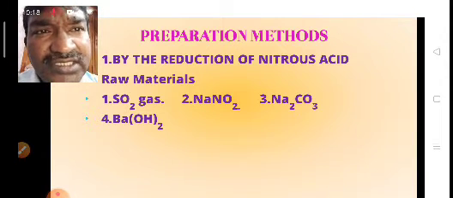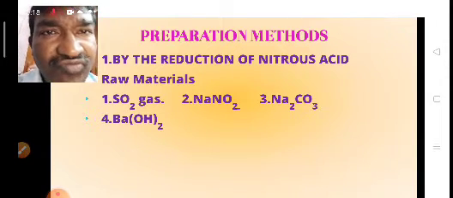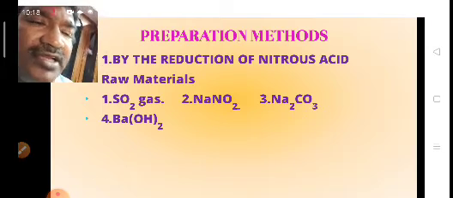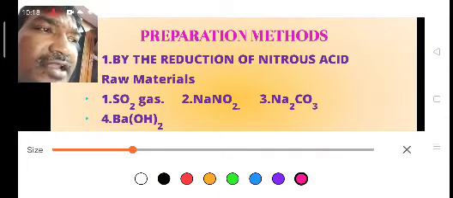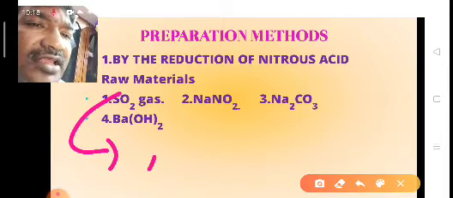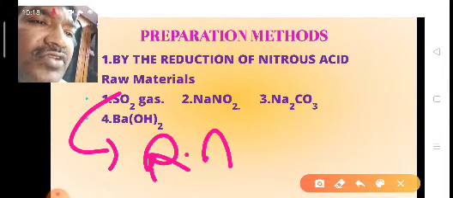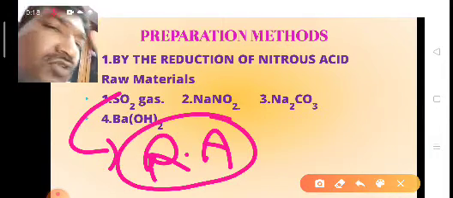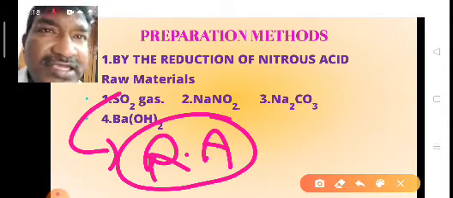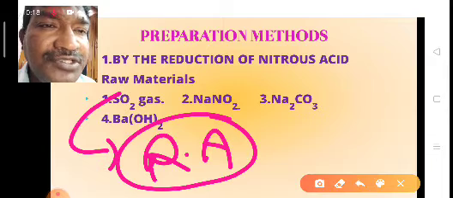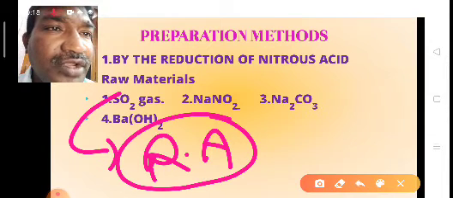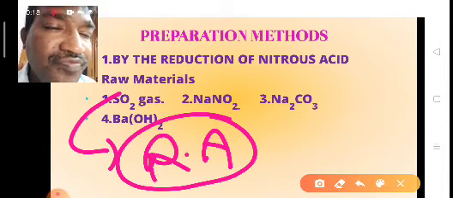Anyhow, now we go for the raw materials used in this first method. First one is the sulfur dioxide gas. Here sulfur dioxide gas acts as a reducing agent. We know very well that sulfur dioxide acts as the oxidizing as well as the reducing agent. So here sulfur dioxide is used to reduce the sodium nitrite ions.